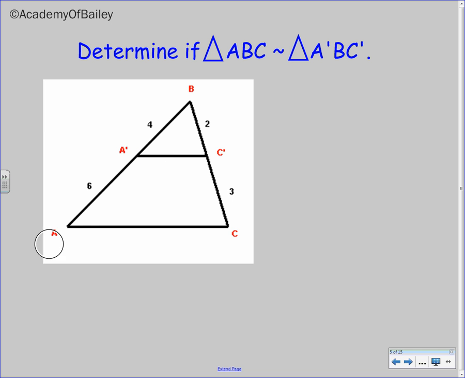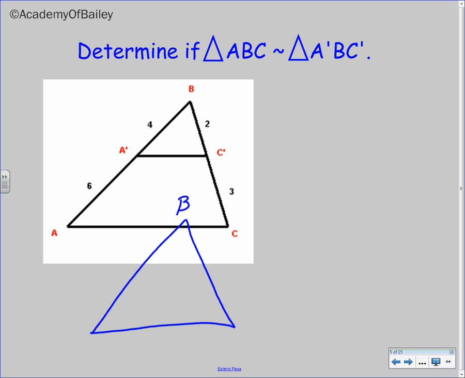If I were you, I would probably separate the two triangles. If you're having a hard time seeing what's going on here, separate the two triangles. That way you can see what's going on. So I'm going to draw the large triangle here.